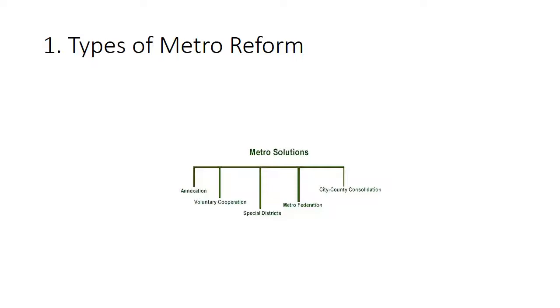The Regional Transportation Authority is a good example. The last two are specific types of metro changes, where you fundamentally change the structure of government that exists. One is called a metro federation, and that's where you set up a federation, just like the relationship between the national government and the states. You would set up that kind of setup in the local area.